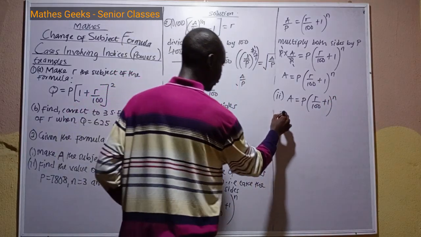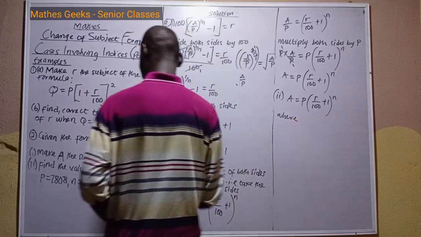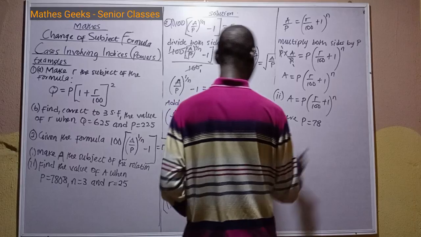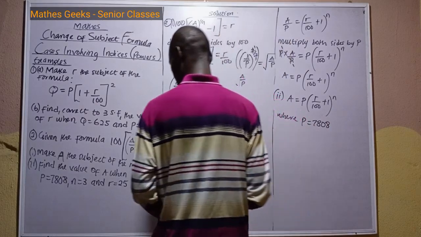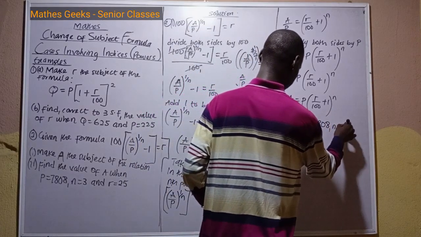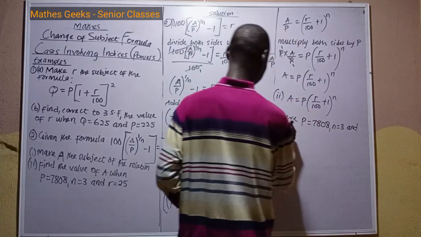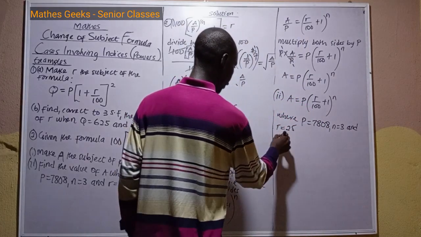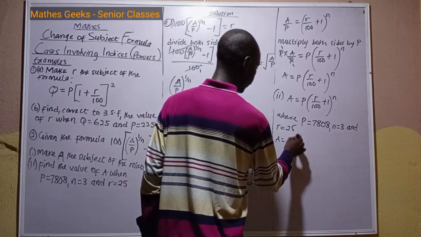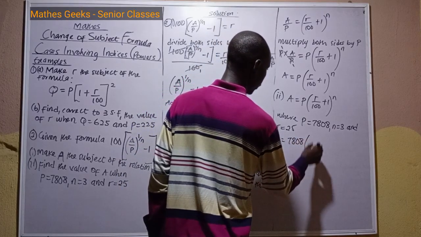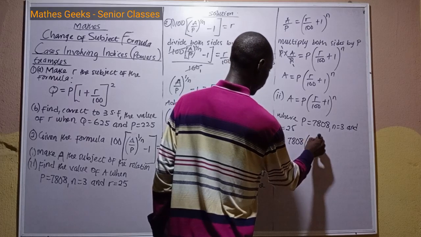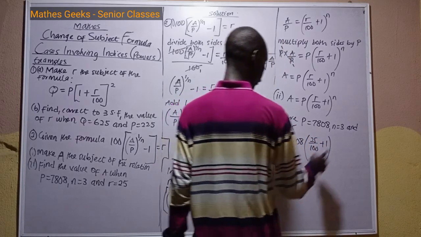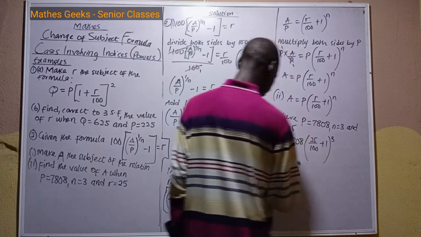Where p is principal, 7808, n is 3, and r, which is the rate, is 25. So a is equal to 7808 times r, which is 25 over 100, plus 1, all raised to the power of 3.